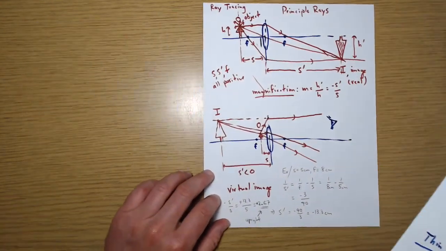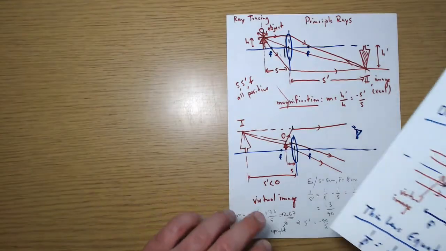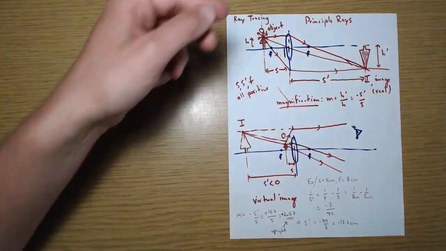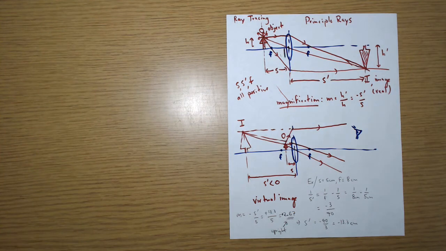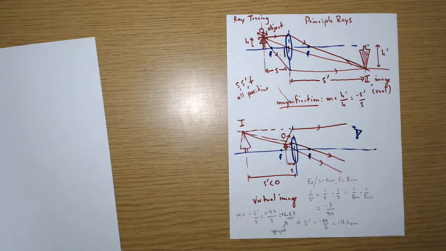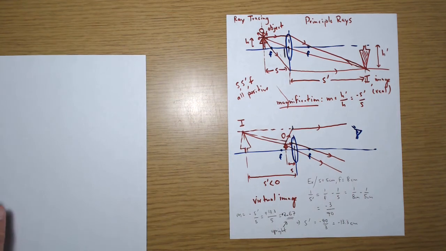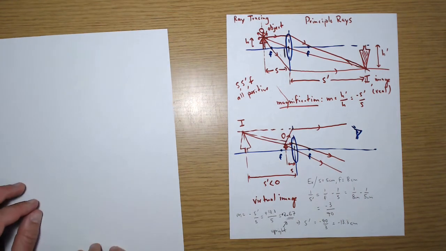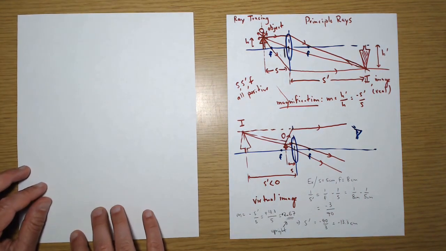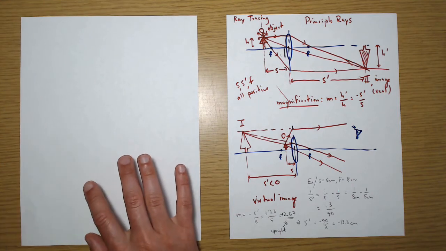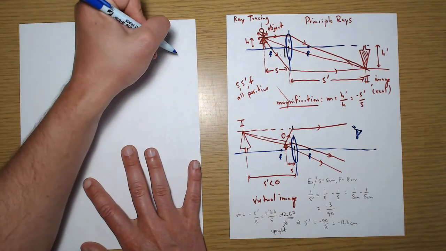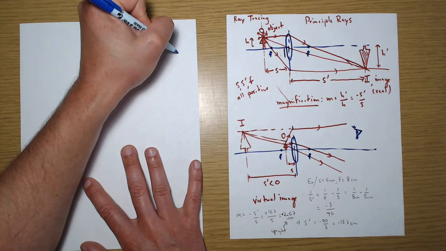All right. Well, let's continue on here and see what else we can learn about lenses. I'm going to try for a moment here to look at a diverging lens. Okay, so I'm going to create a diverging lens as follows.